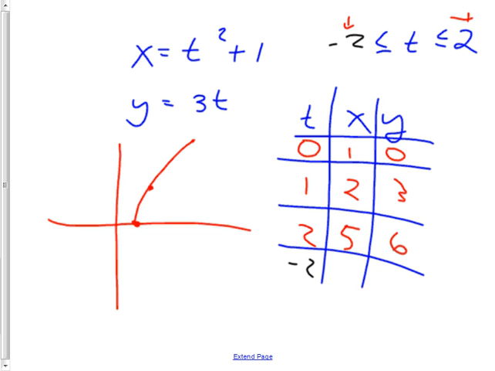Okay, so if you stick in -2 here, -2 squared is plus 1 is, all right, so x is 5, and y is -6. All right, so at time is -2, x is 5, y is -6.